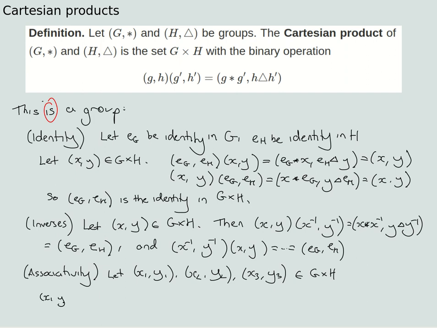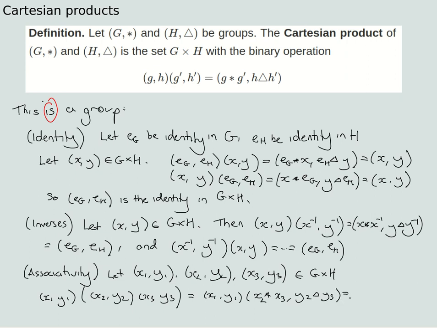x1, y1 composed with, or multiplied by, however you want to say it, x2, y2, x3, y3 in brackets is, so we do the thing in brackets first, and then x1, y1 composed with x2 star x3 and y2 triangle y3.